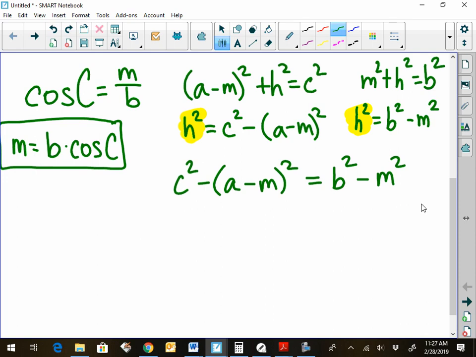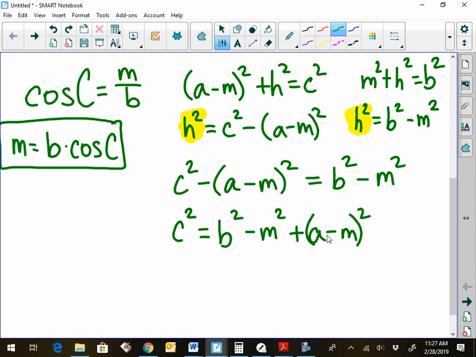So I would have c² equals b² minus m² plus (a − m)². Make sure you put that in parentheses. We're just using algebra. Let's think back to what we did: we substituted here, and then I added this part to the other side, and that's how I got it over here.